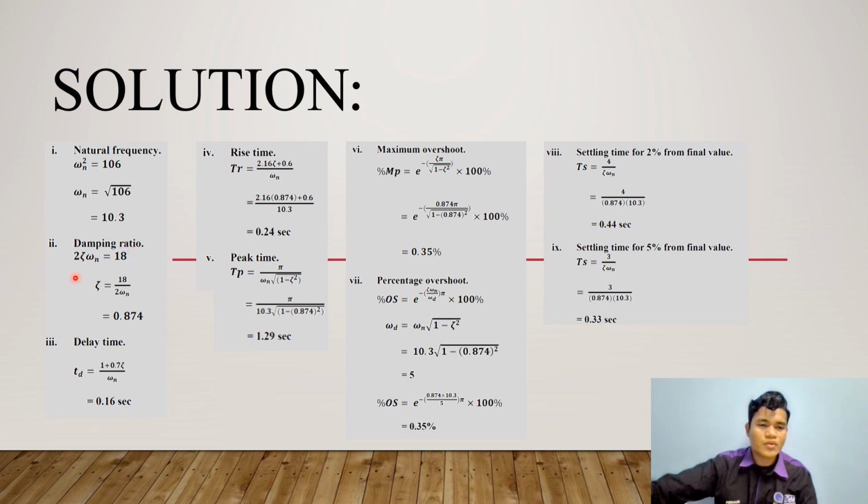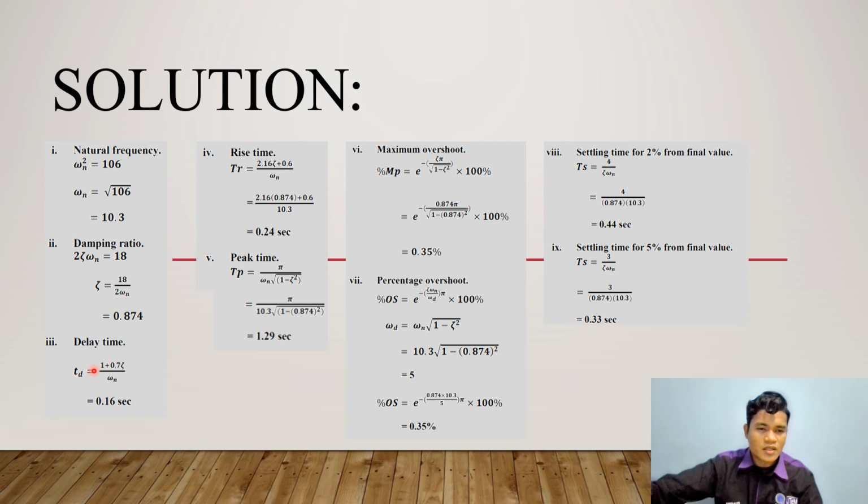Damping ratio: 2 zeta omega n equals 18. Zeta equals 18 over 2 omega n. Omega n is the natural frequency from up here. So 2 times 10.3, 18 over 2 times 10.3, then we got 0.874.